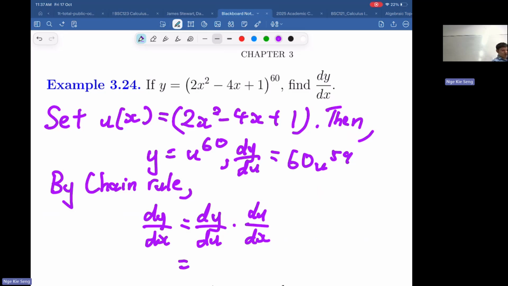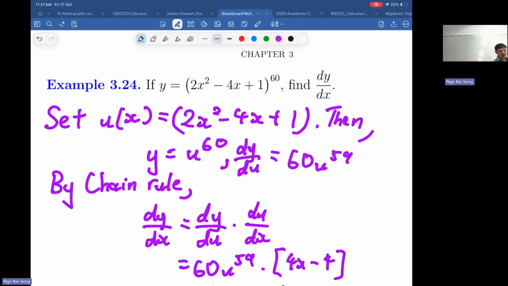Previously you didn't know how to do it because inside here is not x. Now you can do it. 60 u to the 59. But how about du over dx? Can you do it or not? What do you get? 4x minus 4.